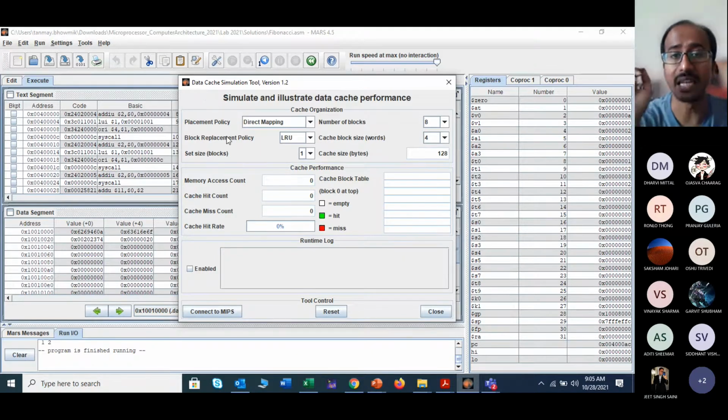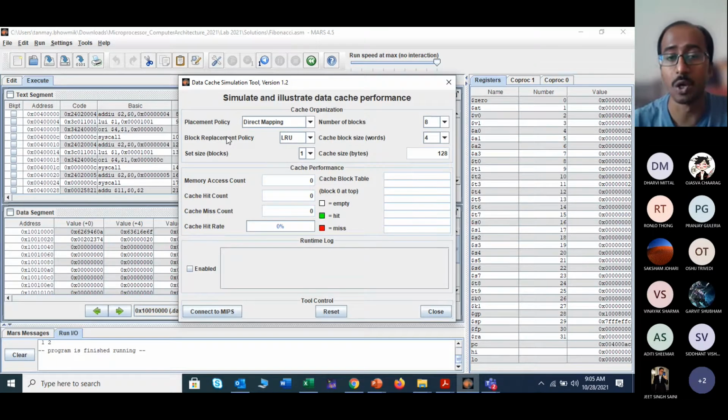Okay. Now what is the number of blocks? You can see 8. What is the number of cache blocks? 4. Cache size in bytes is 128. Set size: some number of blocks will represent one set, which was discussed on an earlier day. What is the replacement policy? There are different cache replacement policies. We will also discuss that cache is a small storage, so how will you put any data today and change this data tomorrow?